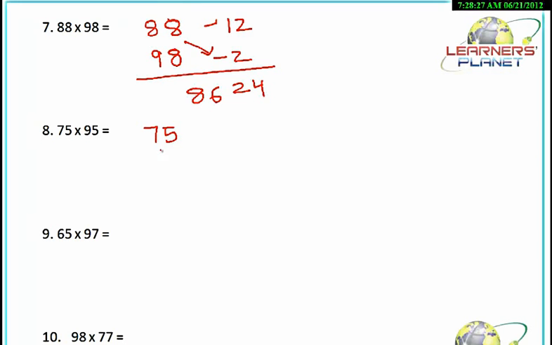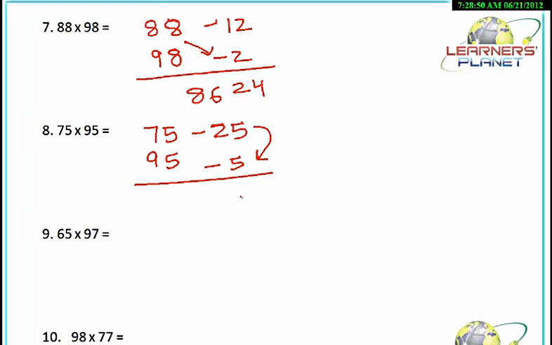Similarly, 75 into 95. It is minus 25 from 100 and it is minus 5 from 100. Now 25 into 5 is 125, but as we have already discussed, we cannot write 125 as it is, since we have chosen the base as 100 and there are 2 zeros only in 100.